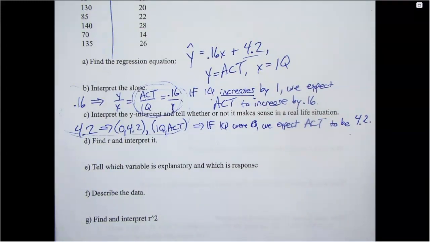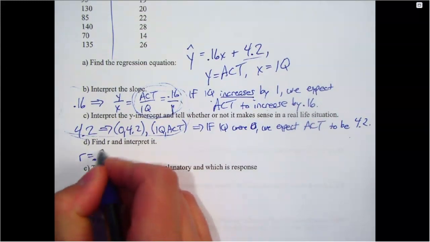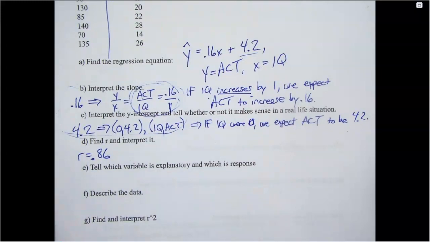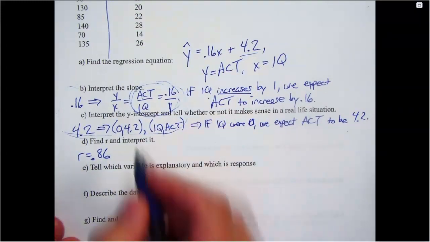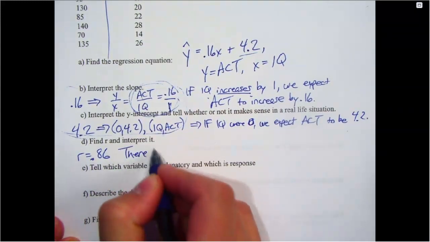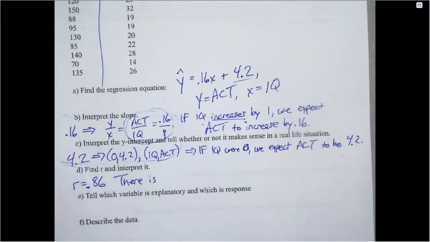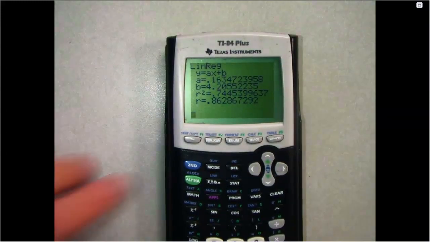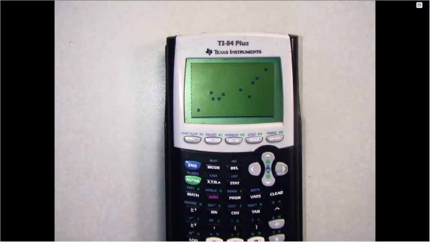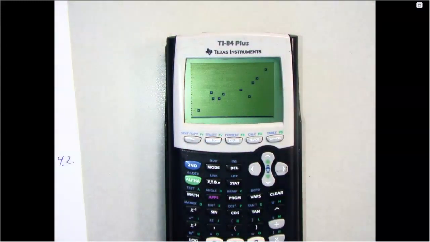Alright, find R and interpret it. For R, I got 0.86. So there is form, direction, and strength. For form, I didn't actually look at the graph yet. I should look at the graph to make sure. If I zoom in, is the form linear or not linear? That one's linear.